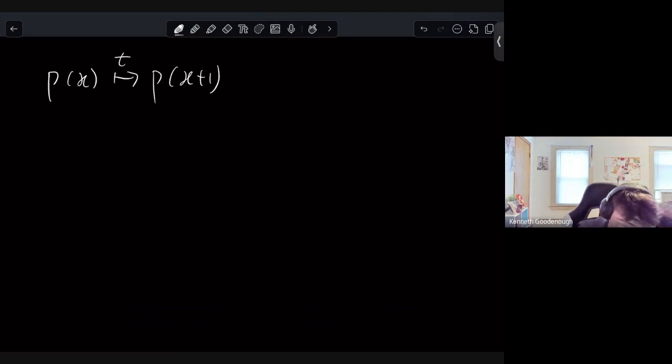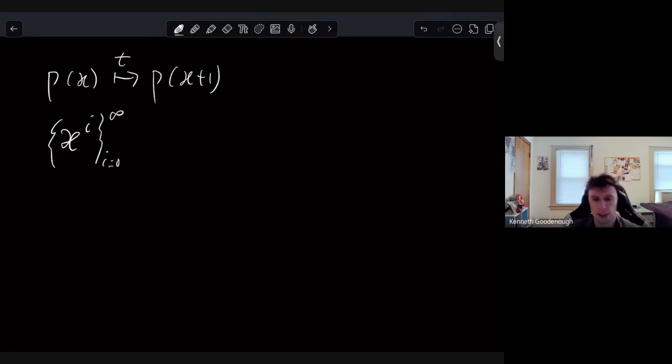And maybe to make that clear, the standard basis for polynomials is just given by all terms of the following form. The collection of all x to the power i, these monomials, these form a basis.